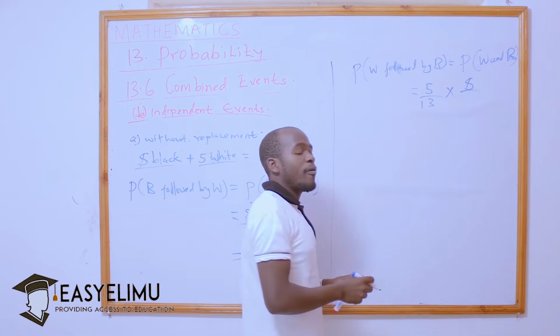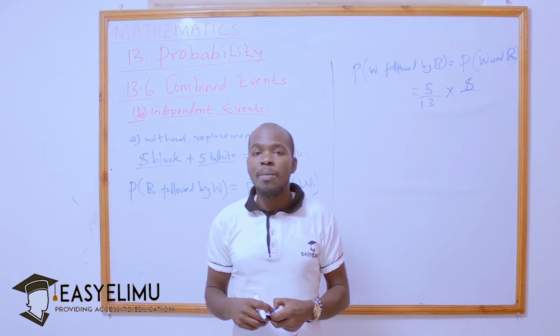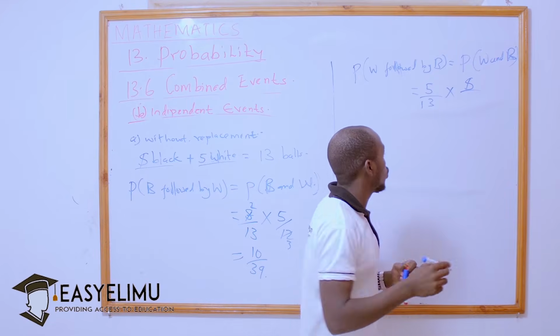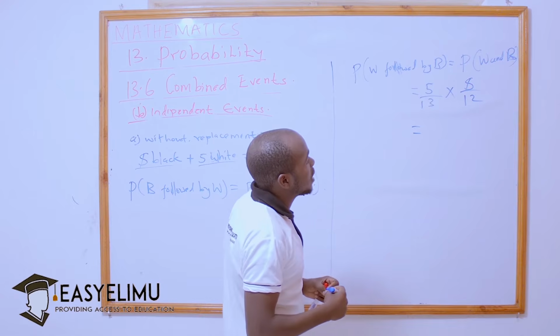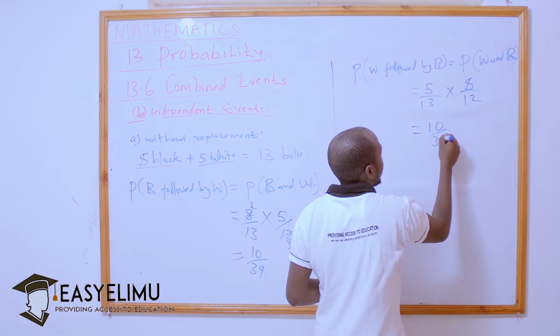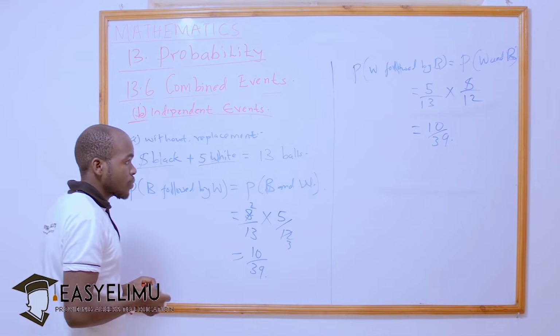But remember, since you have picked one white ball, the total number of balls in the bag has reduced by 1, so it will become 12. We are still going to have 10 over 39.